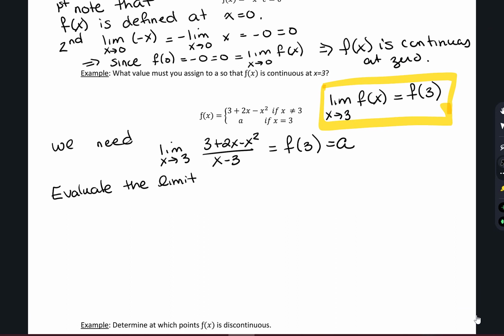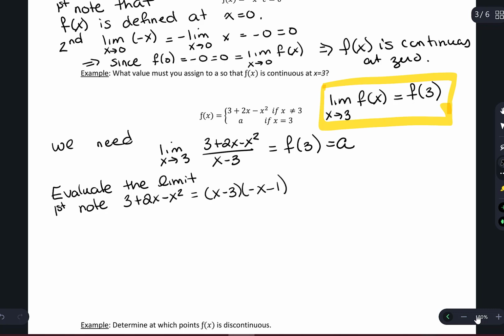But we're not going to have that because we're going to approach 3 but not be equal to 3. So first, we note that 3 plus 2x minus x squared is equal to x minus 3 times minus x minus 1. So we have factored that.